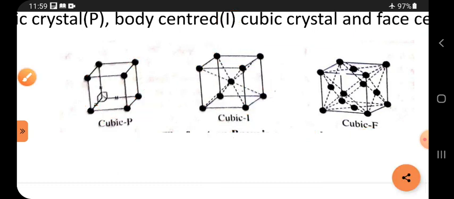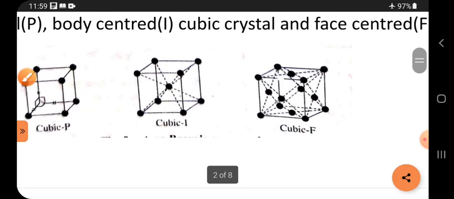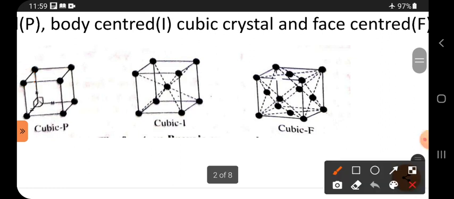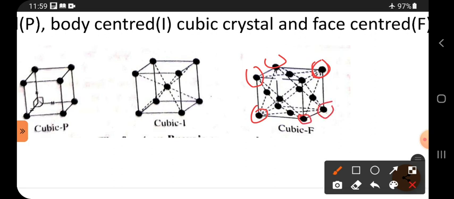And not only at the faces: commonly, we must keep 8 lattice points at the 8 corners, and then only do the extra operation, arranging a lattice point at the middle of each face like this.